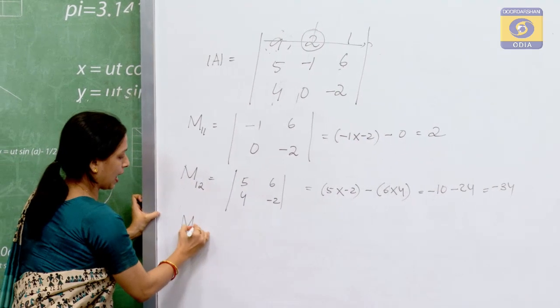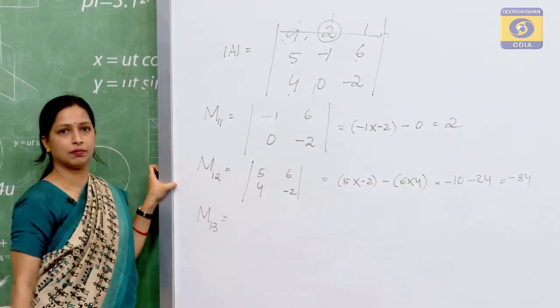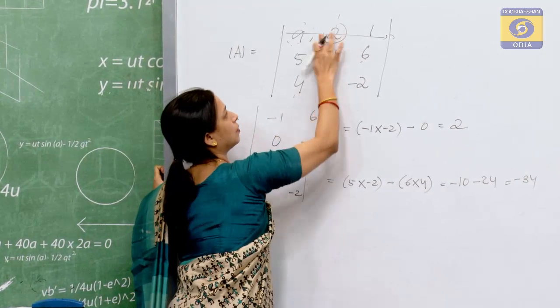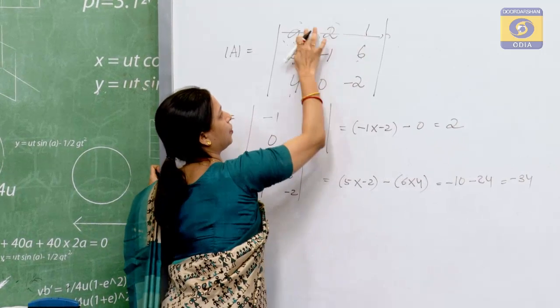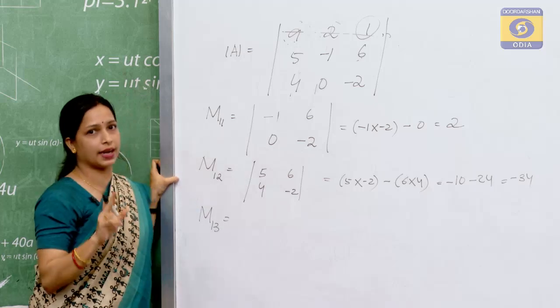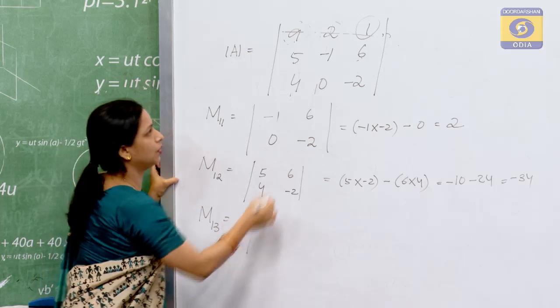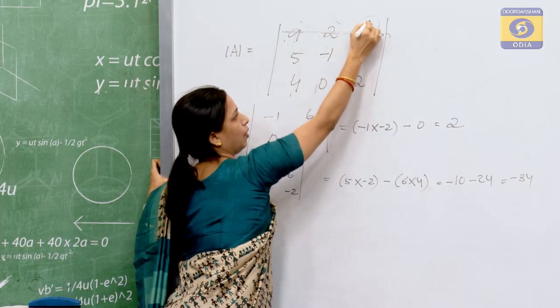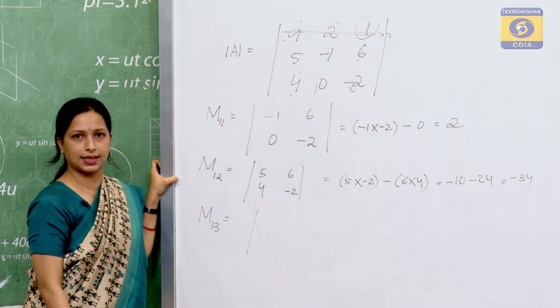Similarly, M13. Which element? M13 is 1. First I need to find out the second order determinant. I delete the row and column in which 1 exists.